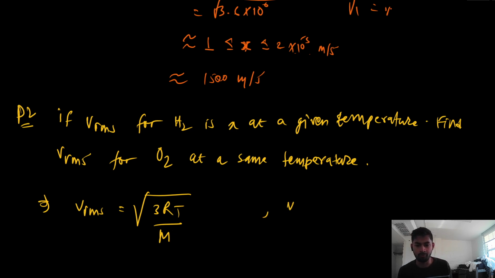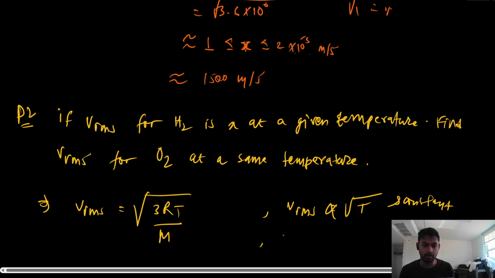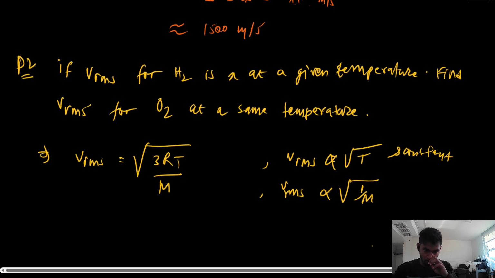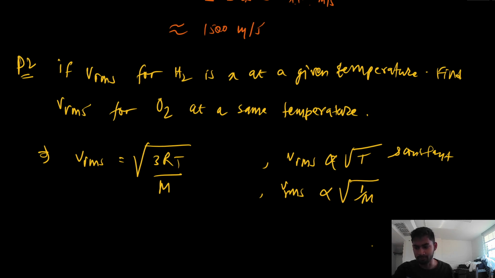We know that V RMS depends on square root of T. But in this case, if the temperature is constant, given the same temperature, then it should be quite obvious that root mean squared velocity is going to depend upon 1 by root M, right? So even before solving the problem, what you should know is that the gas which is heavier should have lower root mean squared velocity at a given temperature compared to the one which is lighter.